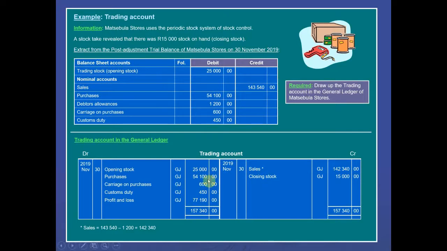That will give us our cost of sales. So in a sense we have sales on the credit side and cost of sales on the debit side. The only thing is, cost of sales on the debit side consists of opening stock, purchases, carriage on purchases, customs duty, all of that added together and subtracting closing stock.